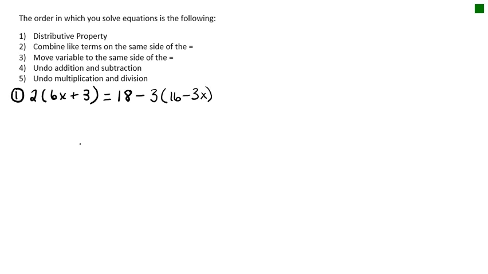And then if there's a variable on both sides, like on this one, we have a 6x on one side and a 3x on the other, then we'll move those. The point of steps 1 through 3 is all about simplifying the equation. So write this down. That's all the way simplifying, and this is where we solve in the last two steps.